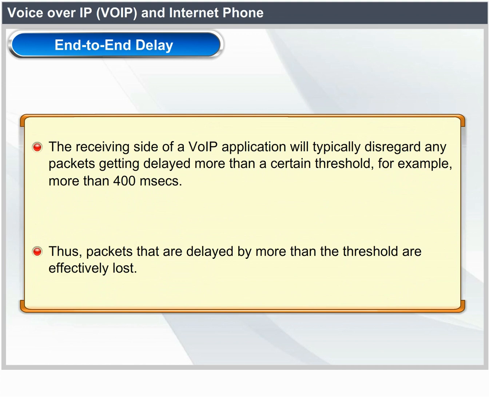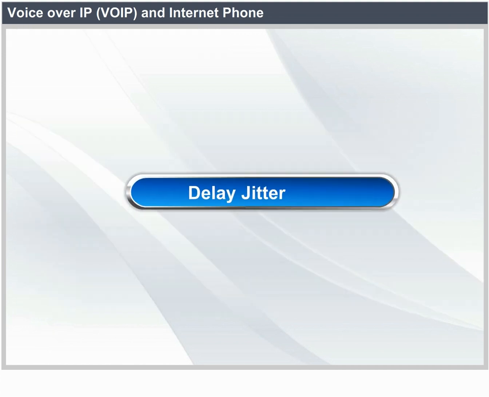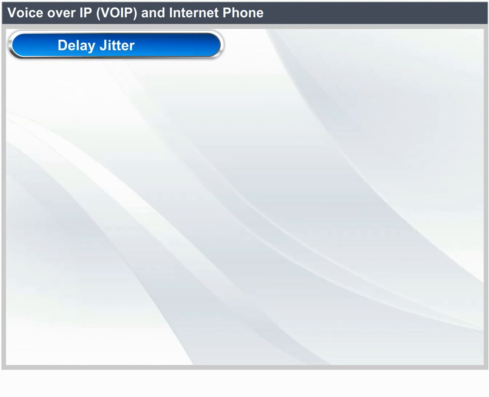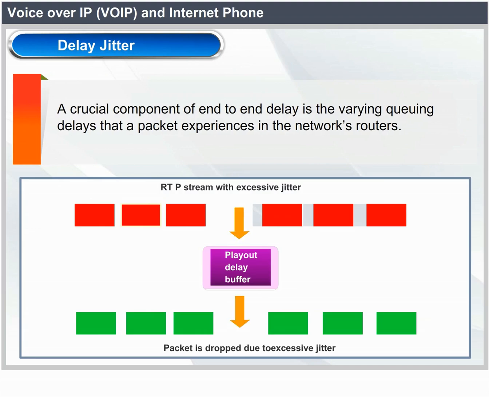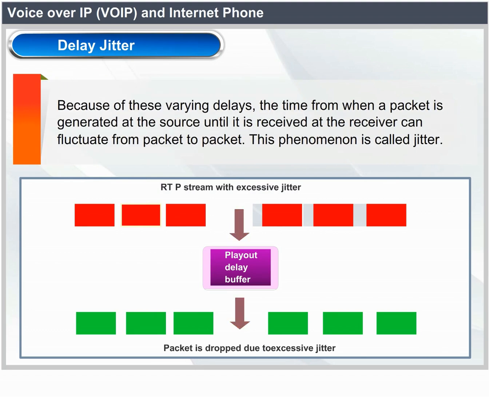Delay jitter. A crucial component of end-to-end delay is the varying queue delays that a packet experiences in the network's routers. Because of these varying delays, the time from when a packet is generated at the source until it is received at the receiver can fluctuate from packet to packet.